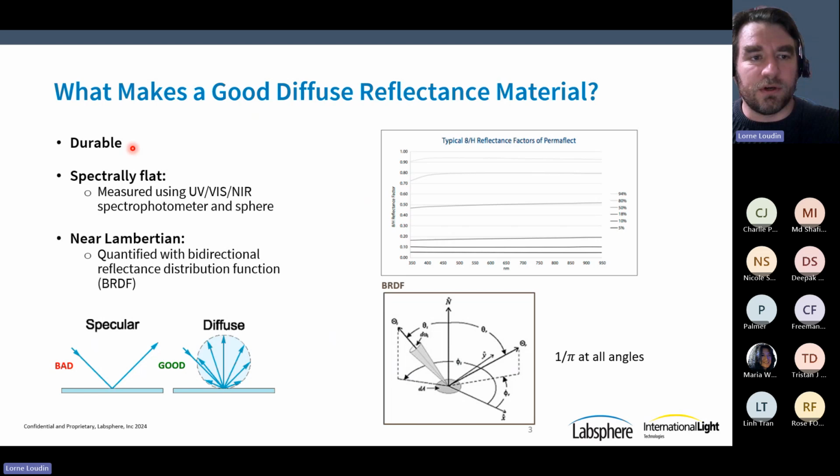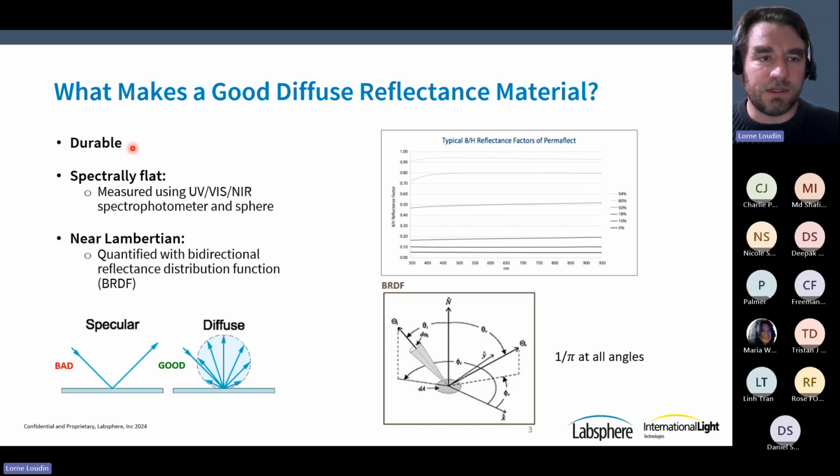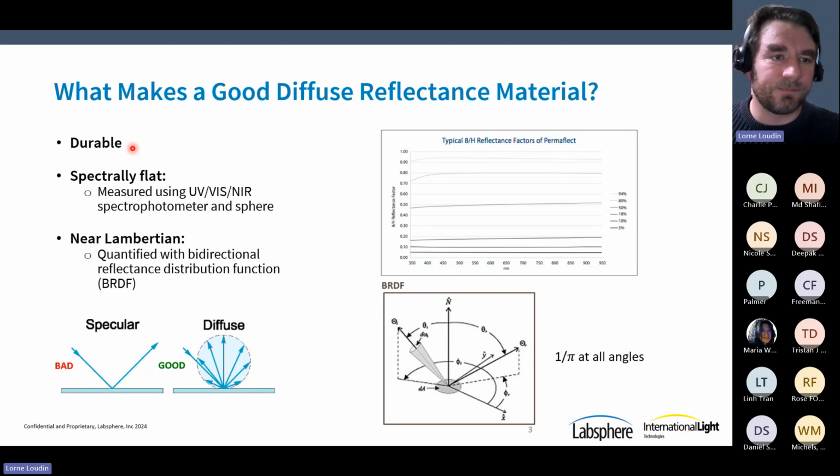So I always like to put durability at the top of that list, especially when we get into analytical equipment or LiDAR targets, things like that, where we really need a durable material in order to enable testing and instrumentation development.